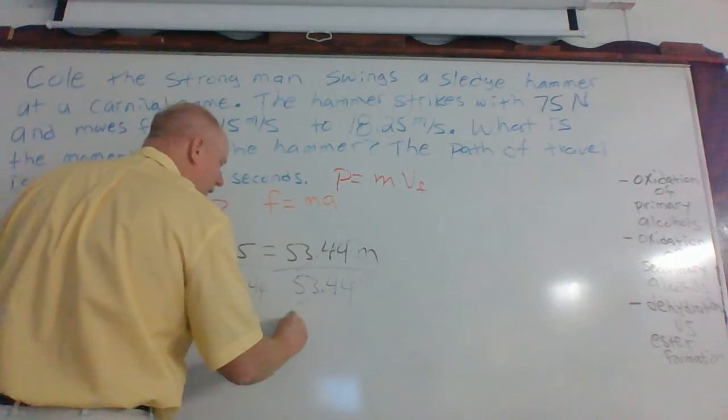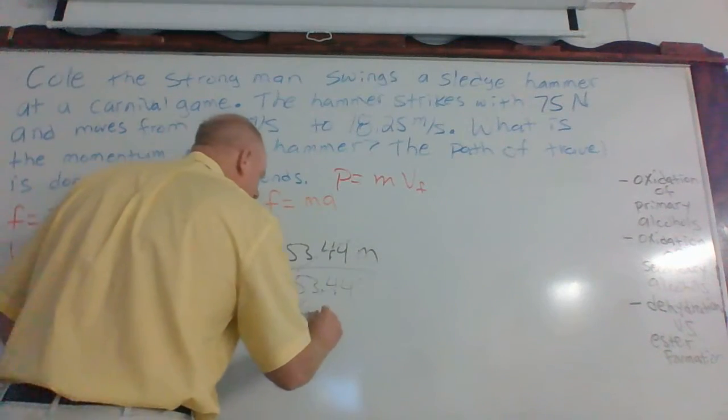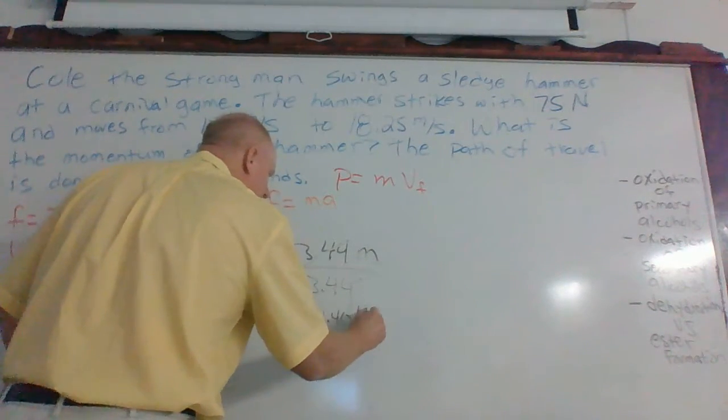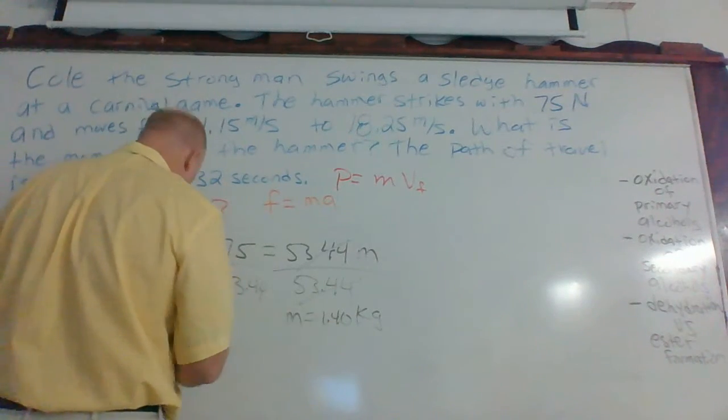Now we have our mass, which is 75 divided by 53.44. That gives us 1.40 kilograms. So now we have our mass.